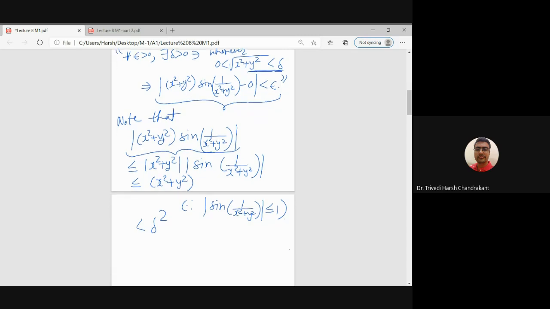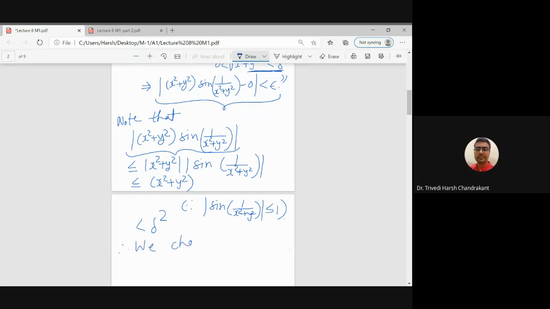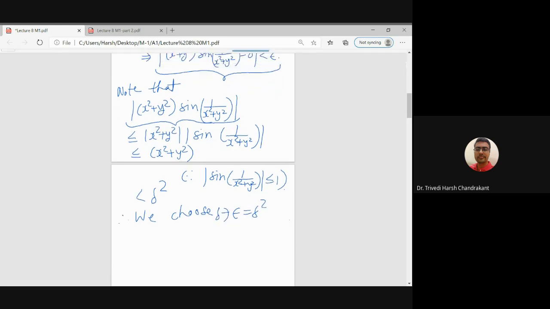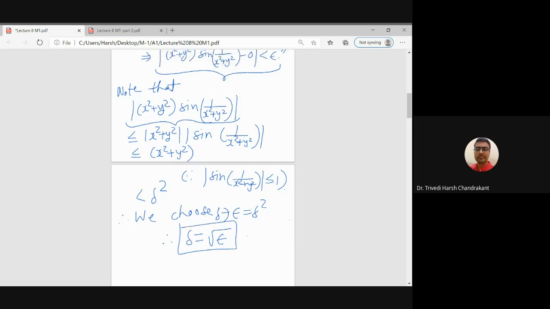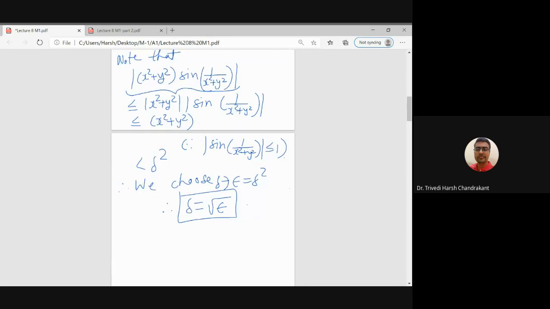So that gives us a hint that we choose epsilon equal to delta square. So delta will be the square root of epsilon, because delta and epsilon are positive numbers.